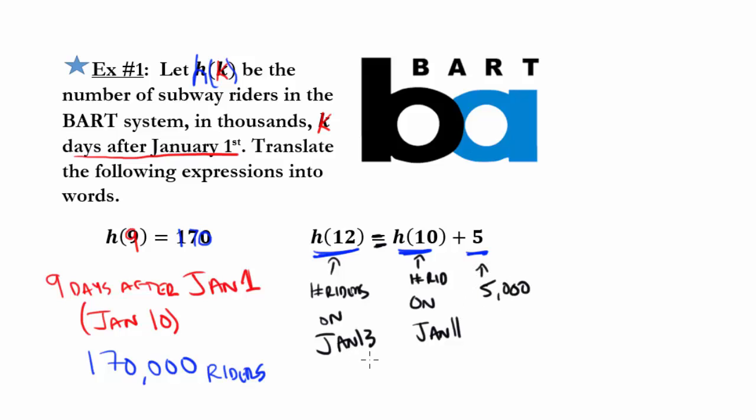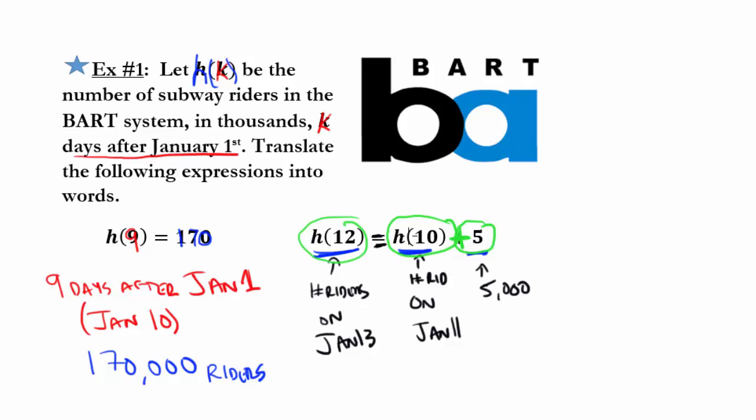What we're really saying is that on January 13th, there were 5,000 more riders on the BART subway system than there were on January 11th, right?